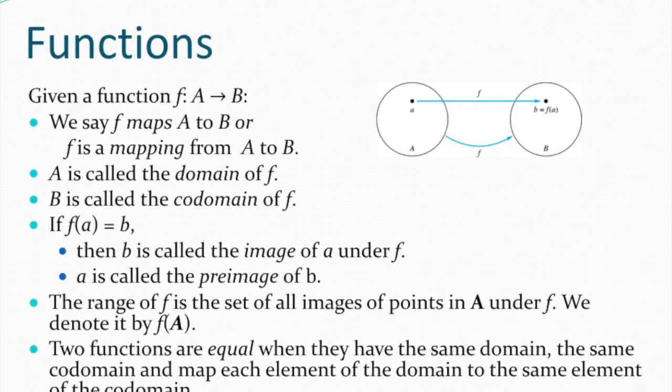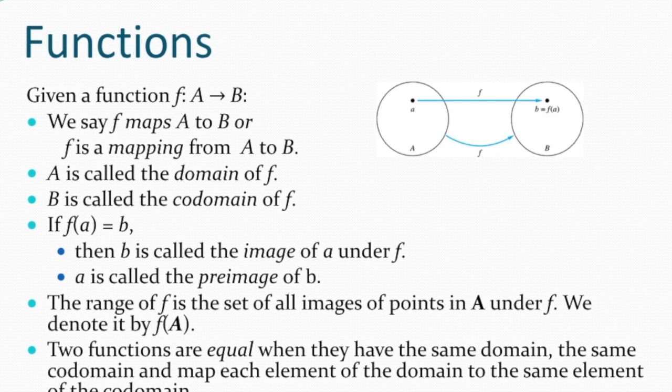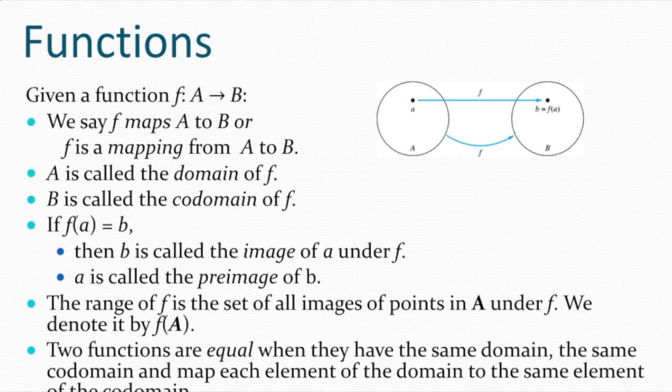As an example, if I map, for example, from DT249 Stephen, and I said Stephen is mapped to another student from DT255, let's say Sarah. Okay? In this case, DT249 is the domain of the function.